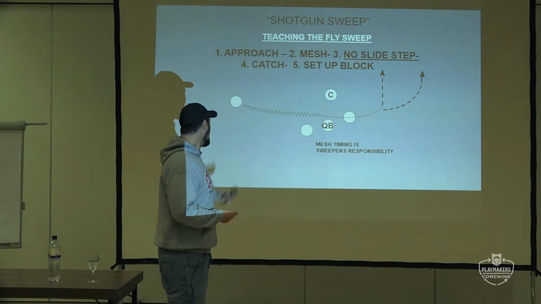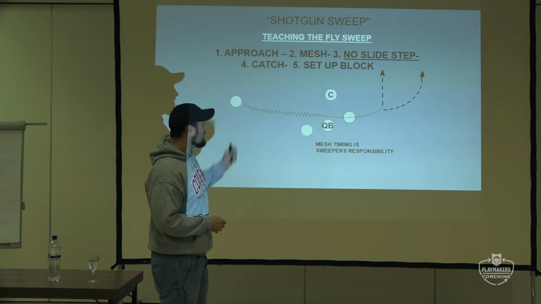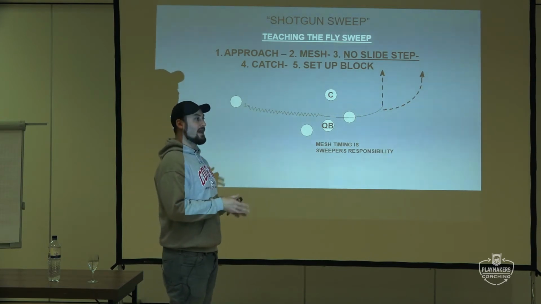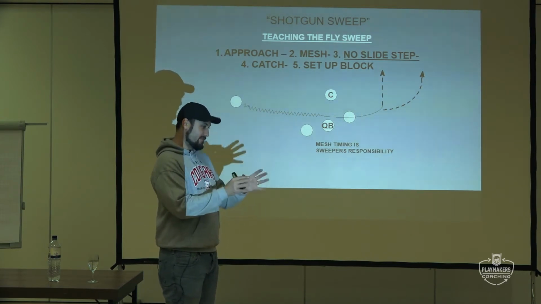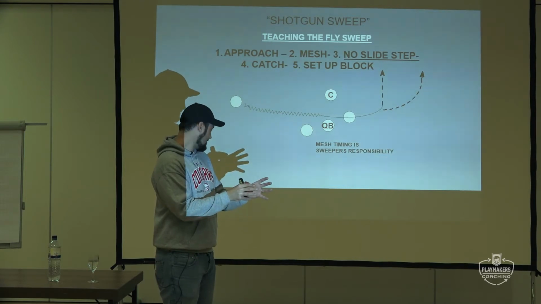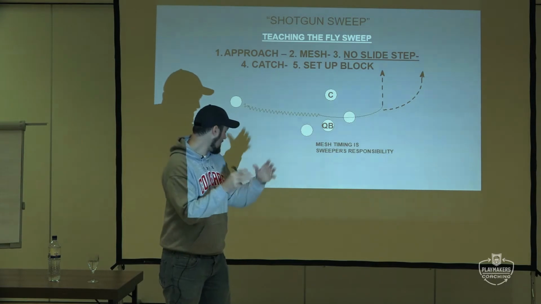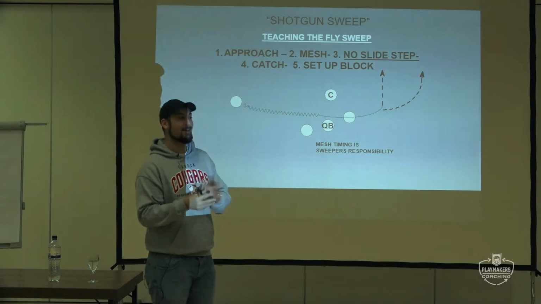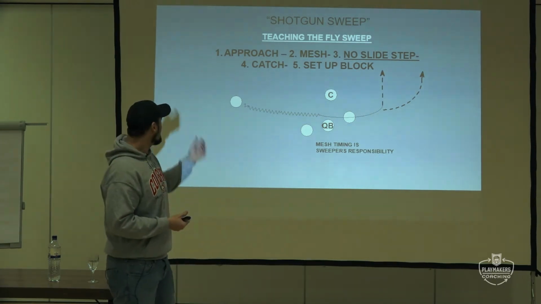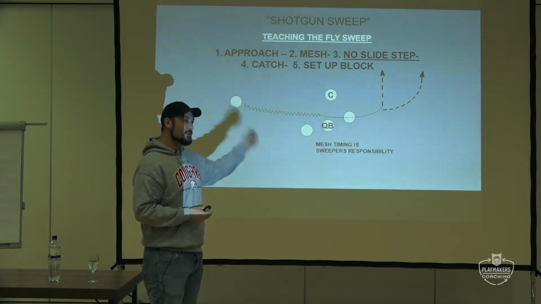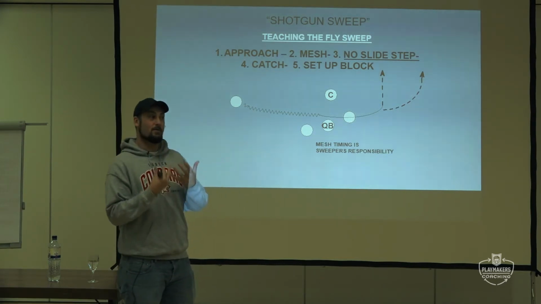Okay? So, but when we're in shotgun, the quarterback has to receive the ball. So he can't look at that guy, set go, or set HUD. Oh, there's the ball. Okay? It doesn't work. Right? So, whereas under center, the quarterback will time the mesh point.